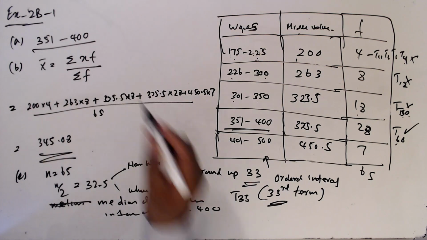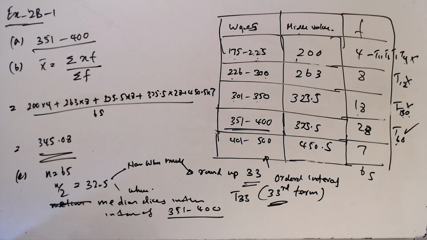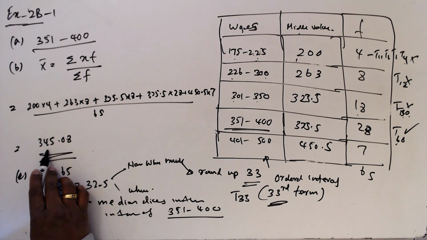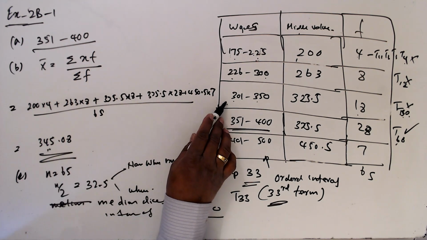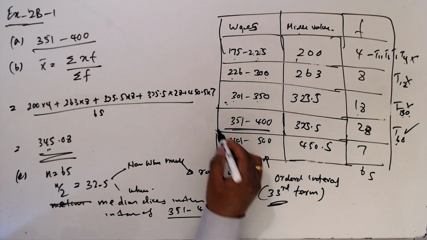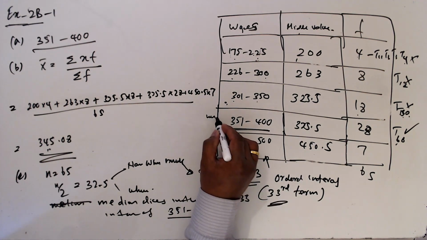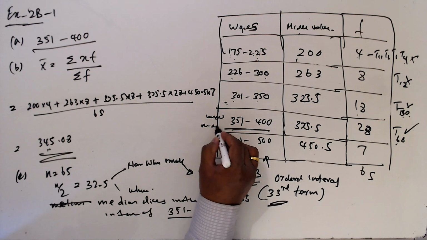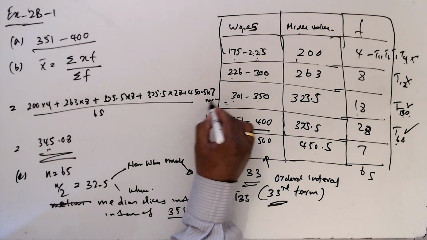Mode also lies in this one, 351 to 400, median also lies in this one. And what is the mean? 345. But the mean is not in this one. So mode is here, median is here, but the mean is here.